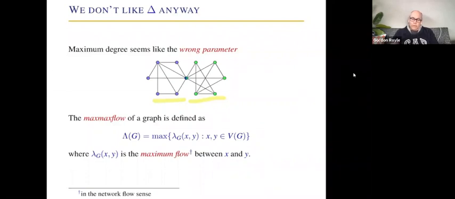So this is a parameter that was suggested by Bill Jackson and Alan Sokal again. They called it capital lambda, and it's the maximum flow between x and y. It's just the number of edge disjoint paths between x and y, which is just the maximum flow in the network flow sense.